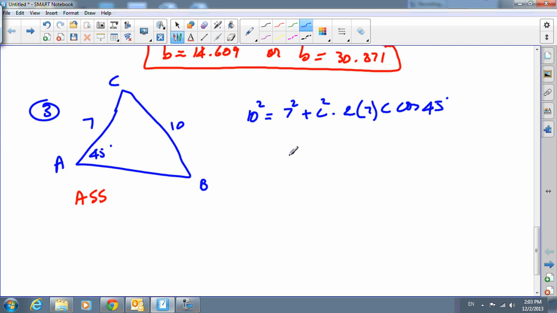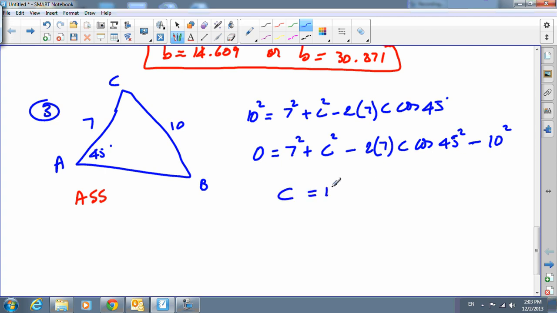So from here, if I rearrange it, I will have 0 is equal to 7 squared plus c squared minus 2 times 7 times c cosine of 45 degrees minus 10 squared. And once again, this is a quadratic, and you will get c is equal to 13.639, and you will get another c, but the other c will be negative.